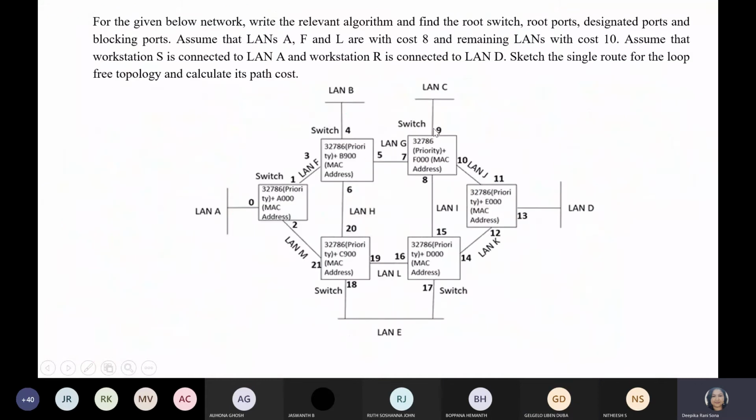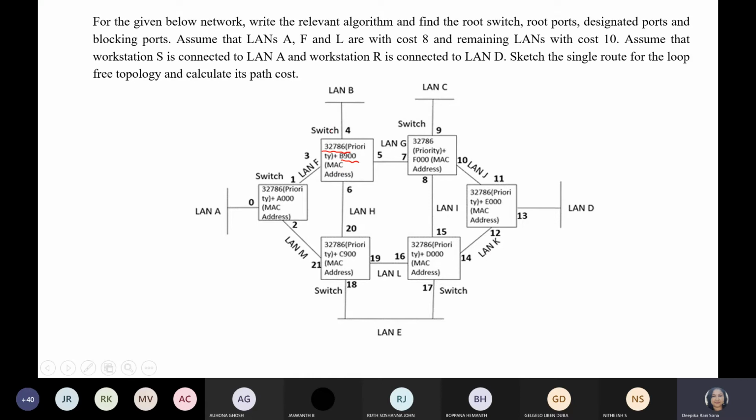Okay, the next question I'm going to show you guys. See, this is a question where different LANs are there and bridge numbers are not mentioned in this question. But how to identify the bridge number, that is the question mark. If you see, in spite of B1, B2 and B3, the priorities are mentioned and the MAC addresses are mentioned.